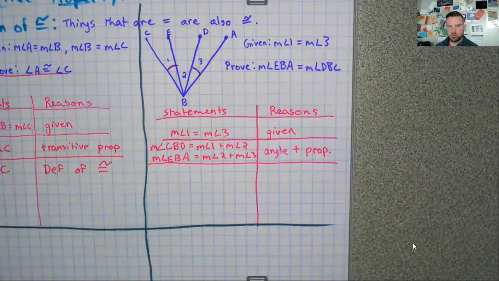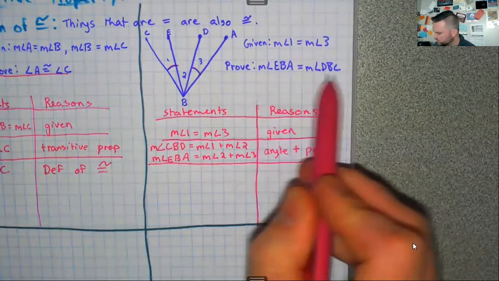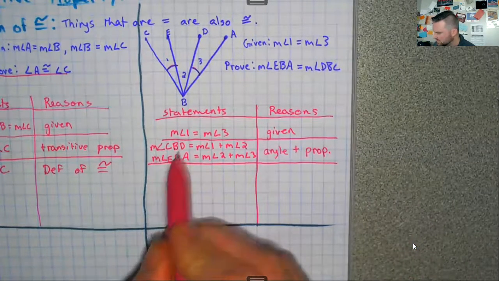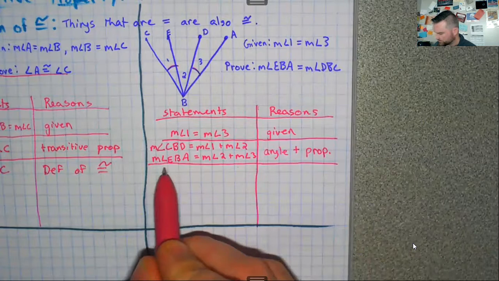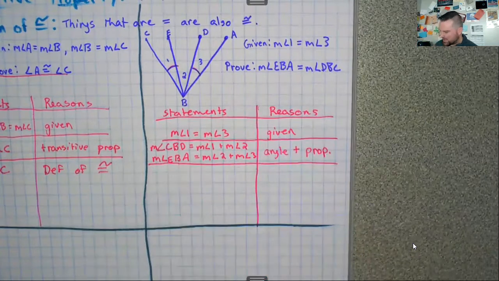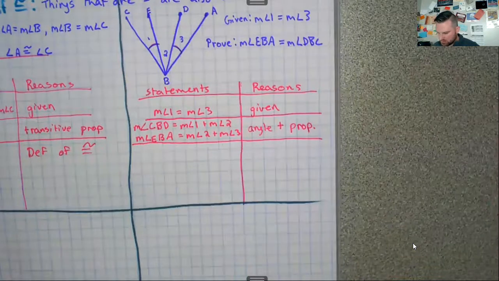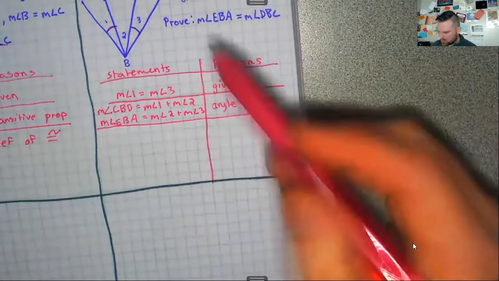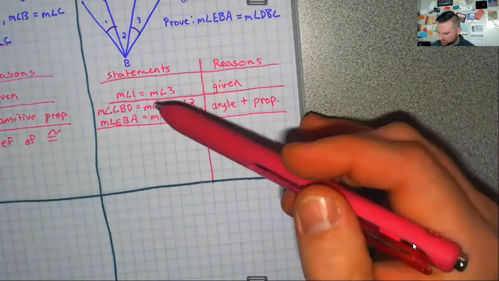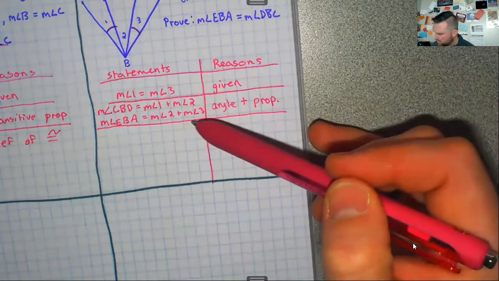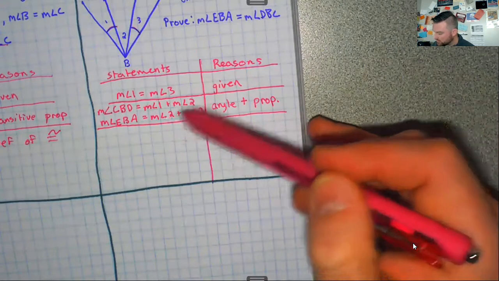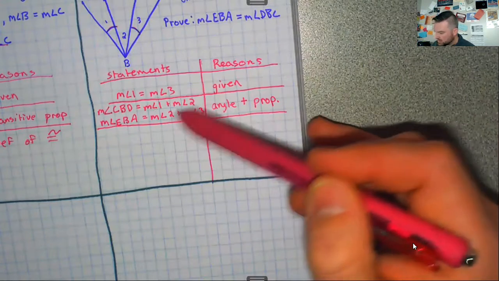All right, so the next thing we want to look at, remember, our goal is to say that these two are equal, that this one is equal to this one. And we need to see what's going on here. We notice that both of them have angle 2 in it.